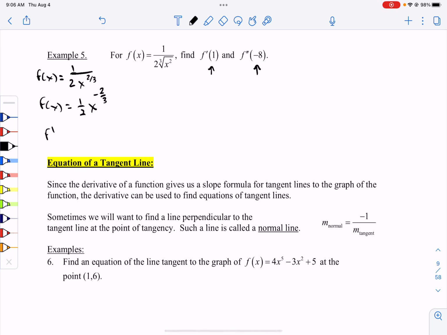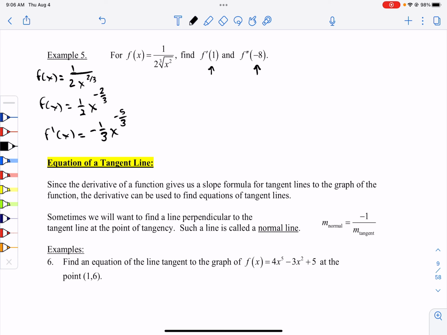So f prime of x, let's take the derivative, multiply the negative 2/3 to the front. So negative 2/3 times 1/2 is going to be, let's see, the 2's cancel. So that becomes negative 1/3 out in front. x to the negative 2/3 minus 1 becomes negative 5/3, which is not very pretty.